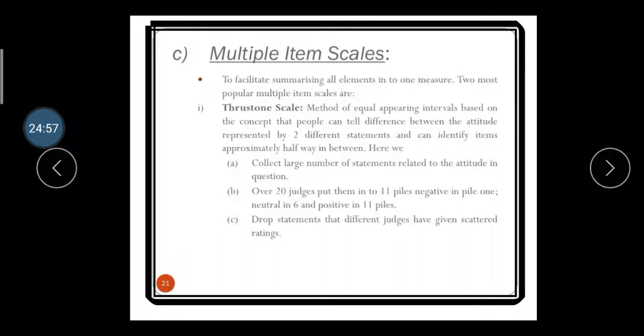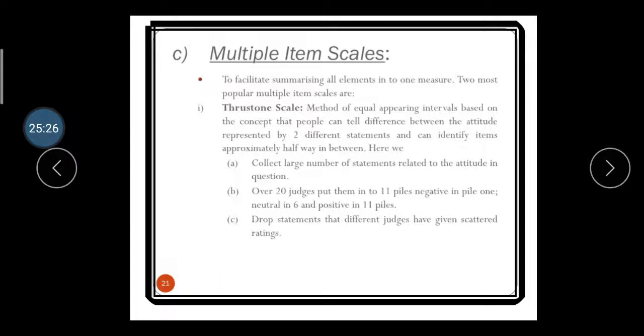Then multi-item scales are considered to facilitate summarizing elements in one measure. The two most popular multi-item scales are, first, the Thurstone scale. This method of equal appearing intervals is based on the concept that people can tell the difference between the attitudes represented by two different statements and can identify an item approximately halfway in between.